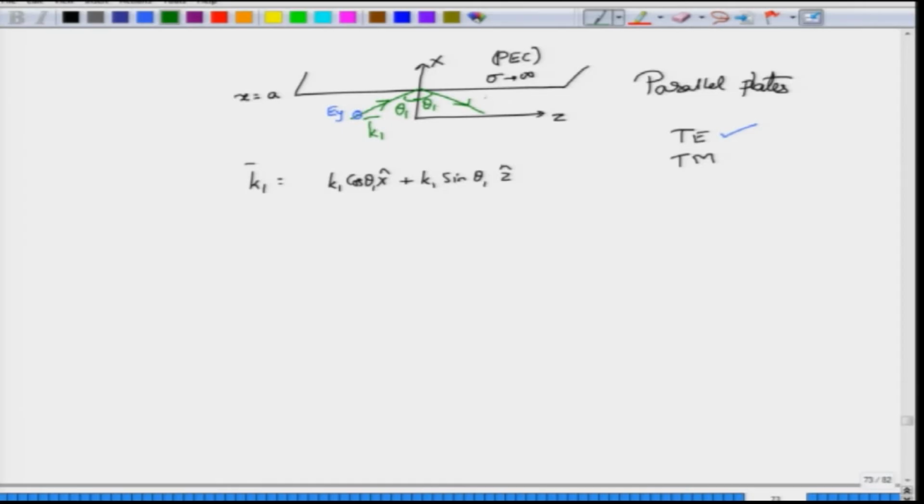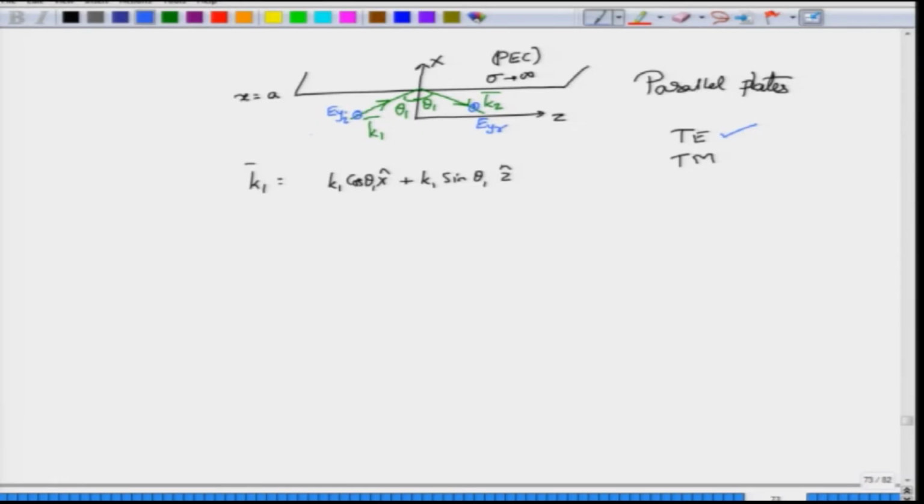The reflected wave will also be transverse electric polarized only. So, we can call this EYR and this amplitude EYI, okay, and then this is reflected back. Of course, there will be a magnetic field associated with this one, which you can easily find out, but I am not interested in finding the magnetic field, I am interested in the electric field itself, okay.